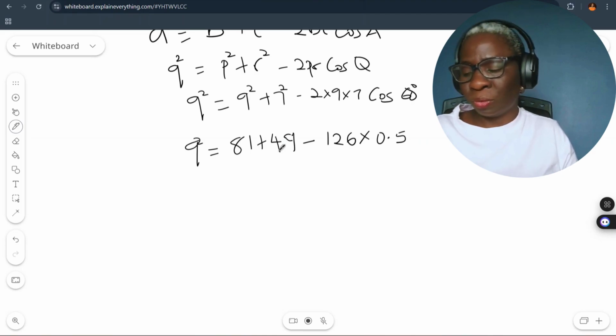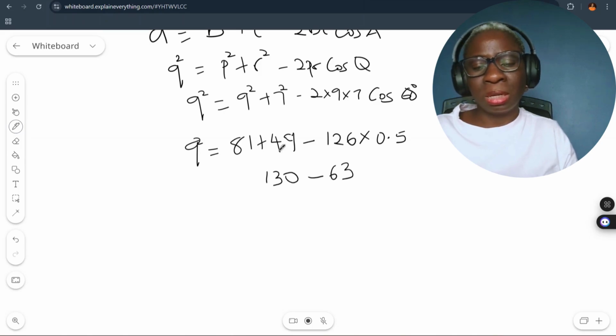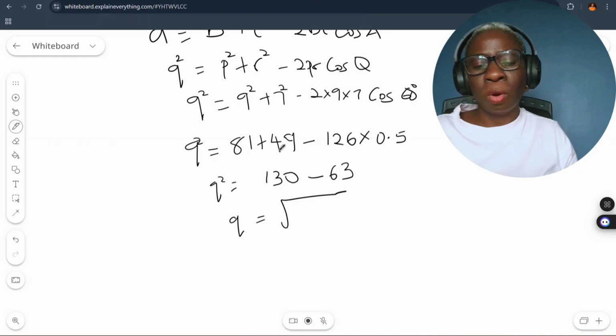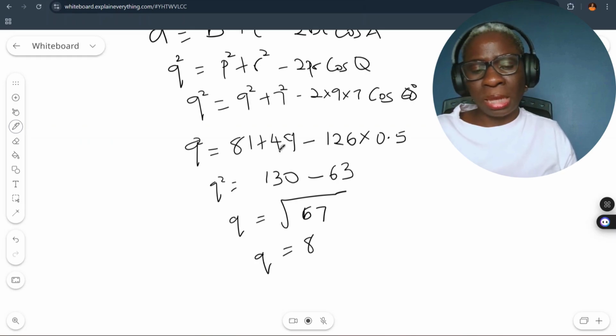So 81 plus 49 will give 130, then we have minus 63. That is Q square. So Q now will be equal to the square root of 130 minus 63, which will give 67. That means Q will be equal to 8.1 centimeter.